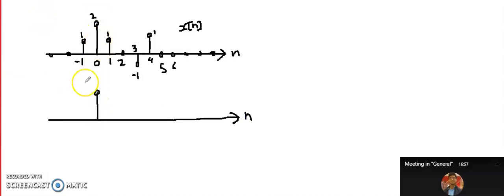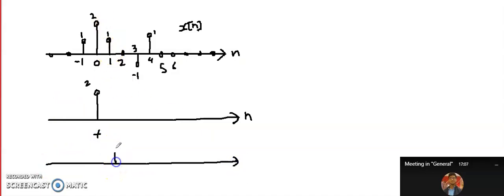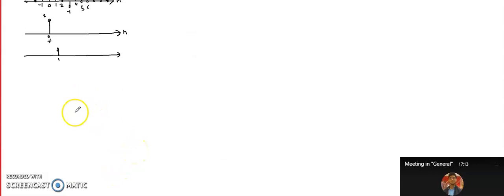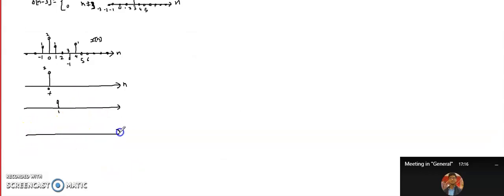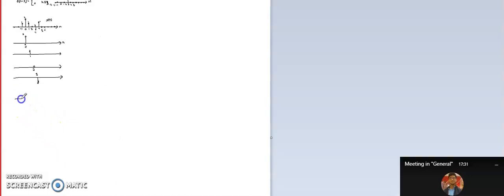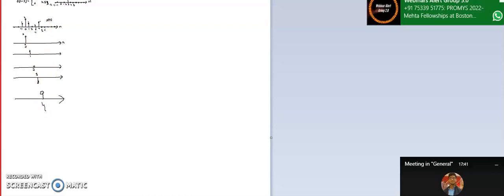We can divide it into these kinds of signals. Here suppose this is 0 and this is 1, then this becomes 0, then this becomes -1, then at 2 it becomes 0, at 3 it is -1, and suppose at 4 it becomes 1. Okay.